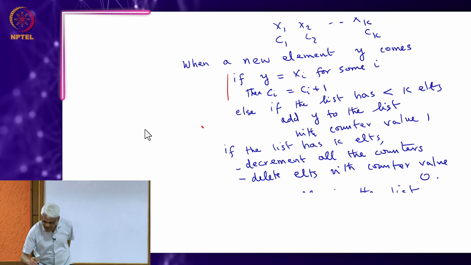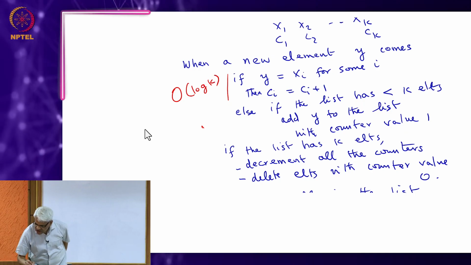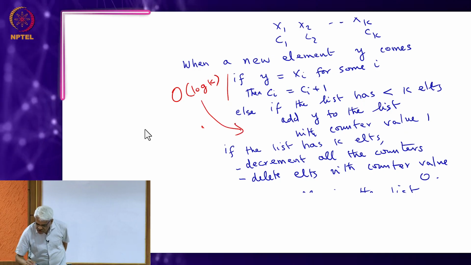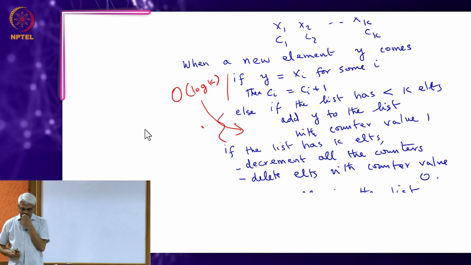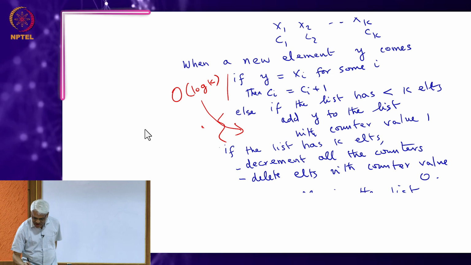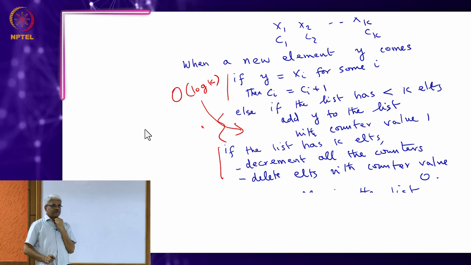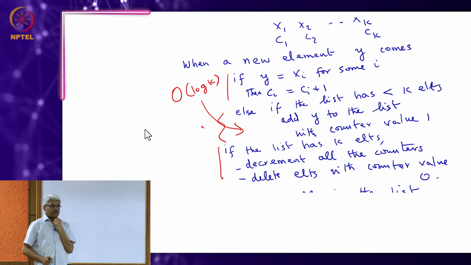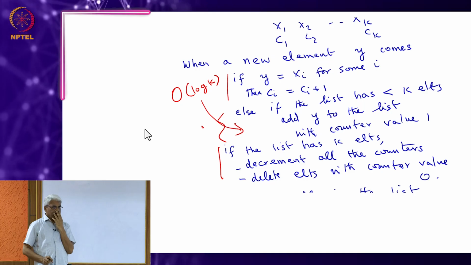So this is order log k, not just this also, search and insert. But this is going to be a killer anyway, because if the list has k elements, then you're going to decrement all by 1.